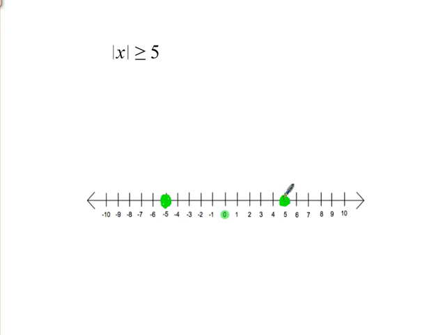What I'm saying is the distance has to be at least 5. So basically this area is not true. So it's got to be anywhere above or below, not anywhere in between there. And that's the idea here.